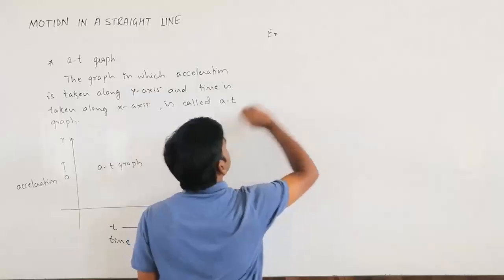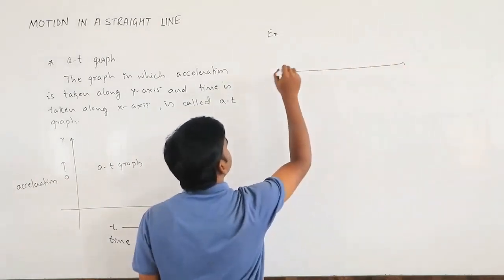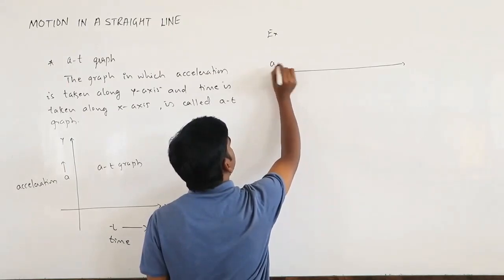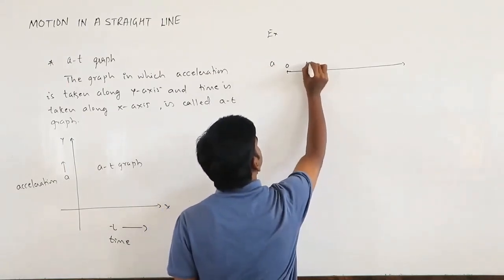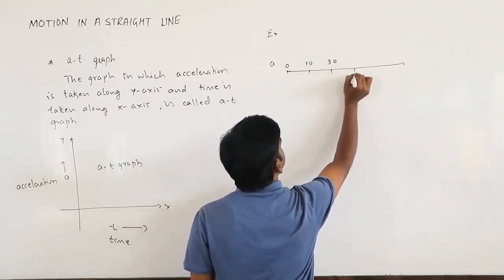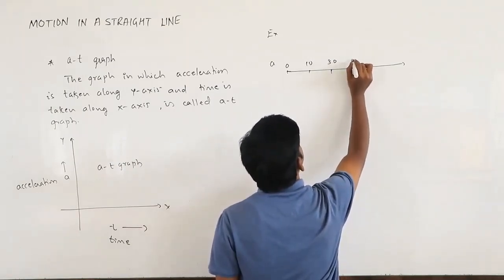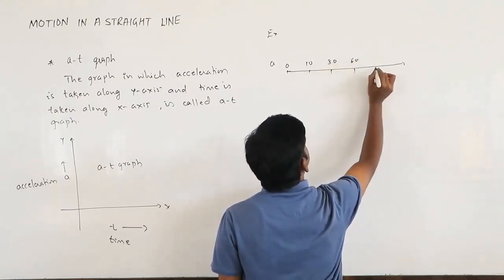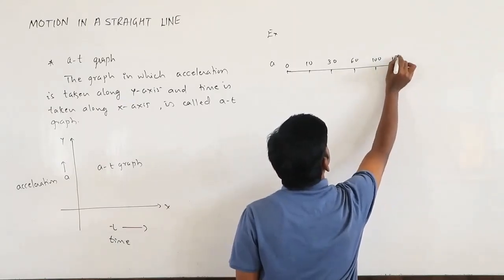Suppose this is the origin and the body is moving in this direction. If accelerations are given directly, say here the acceleration is 0, here 10, here some 30, here some 50 or 60, here some 100, and here some 150.